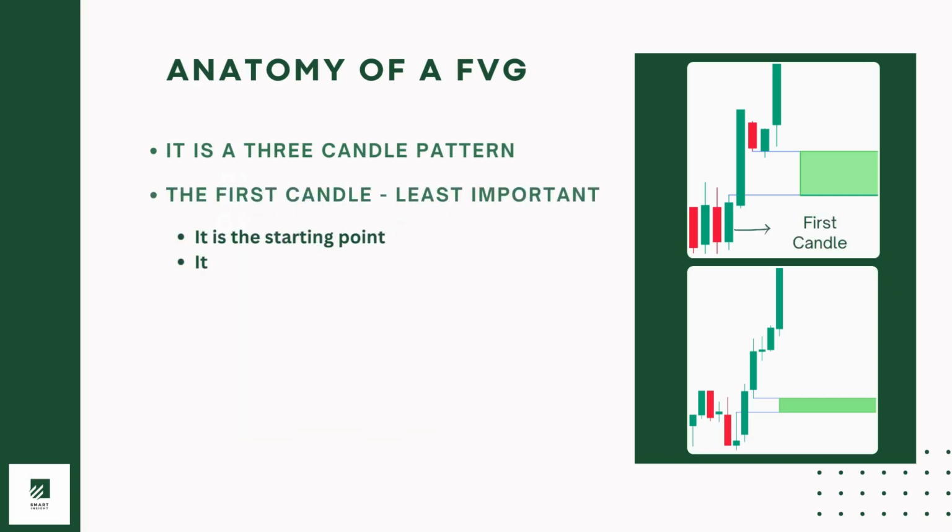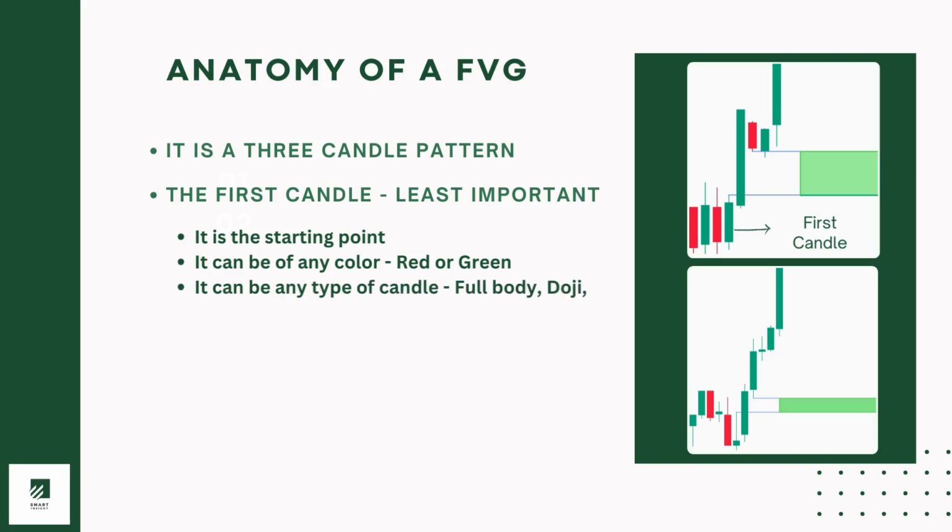It is the starting point and it can be of any color. It can be a red or a green candle, doesn't matter. It can be any type of candle. It can be a full body candle, a doji, a hammer, a pin bar. It can be anything. It doesn't matter. Like I said, this is the least important candle. It's just a start point for us.